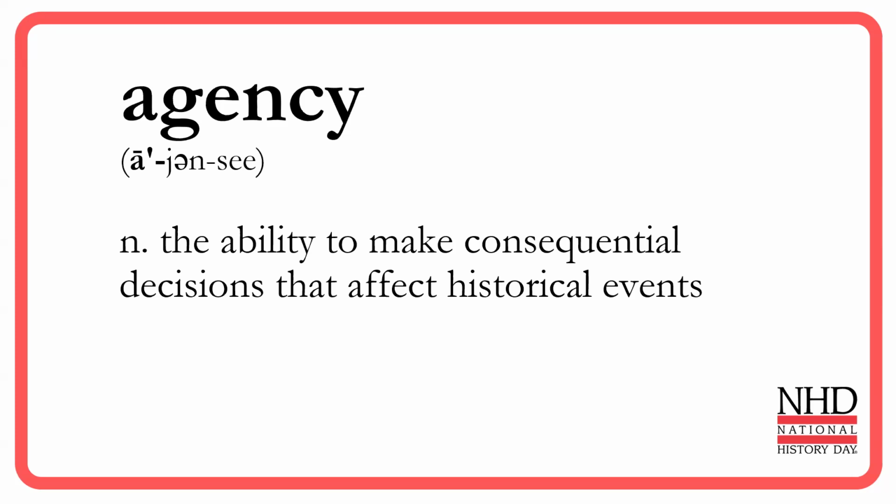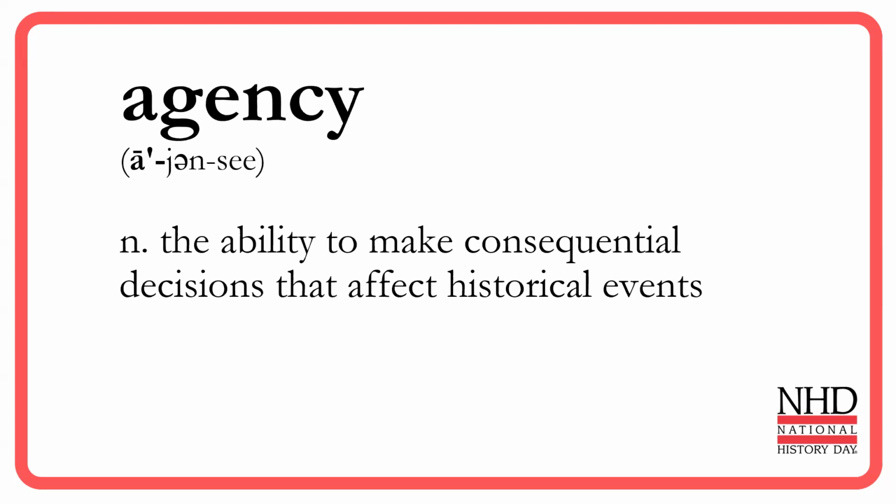So let's talk a little bit about what it is. It's a concept that most of us are familiar with, and it's a word that we hear a lot in various contexts, and yet coming up with a precise definition can be a little tricky. I think a rough guide of agency is the ability to make consequential decisions, the ability to affect the course of history.